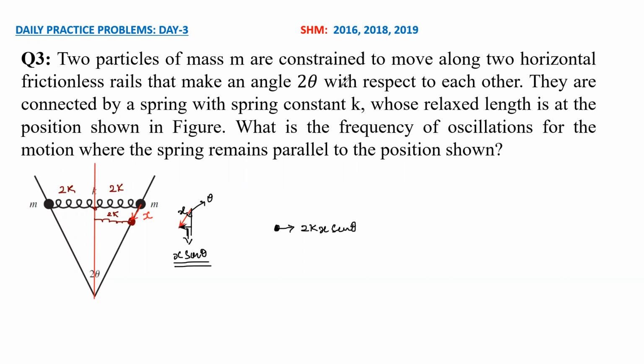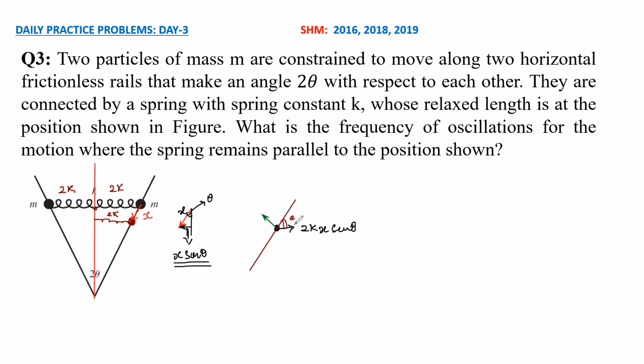And the normal reaction will also act, normal to the surface of those rails. These are the only two forces because we are taking a gravity free space. So the normal component of the spring force will cancel the normal reaction. We don't have to really worry.